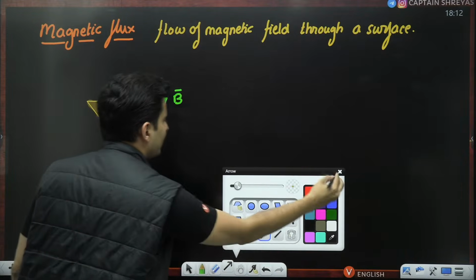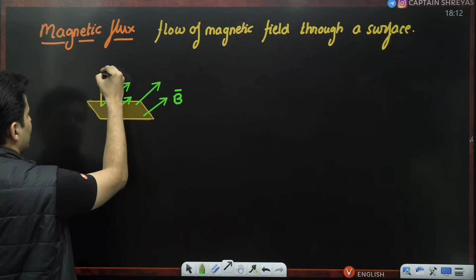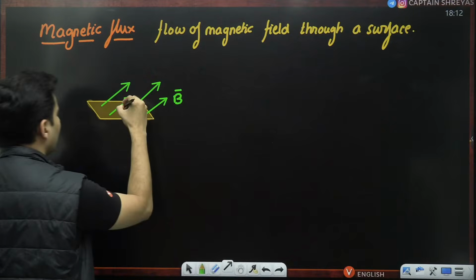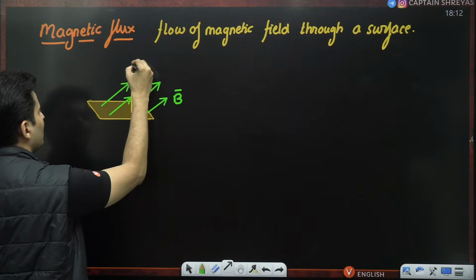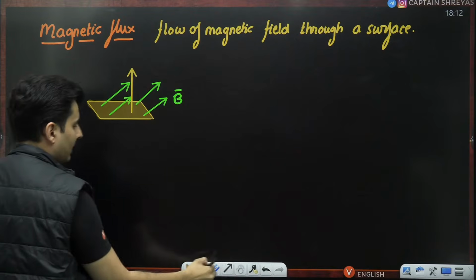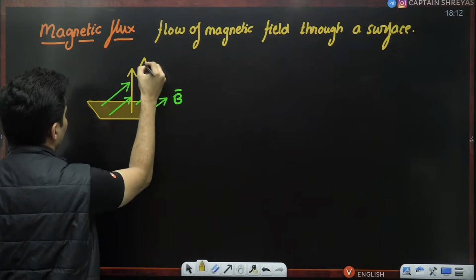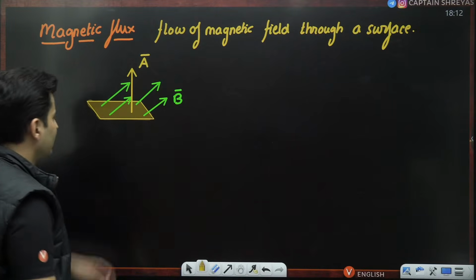Then we define the area vector, which is perpendicular to the surface, the normal. This is your area vector, usually A, some people also use S.